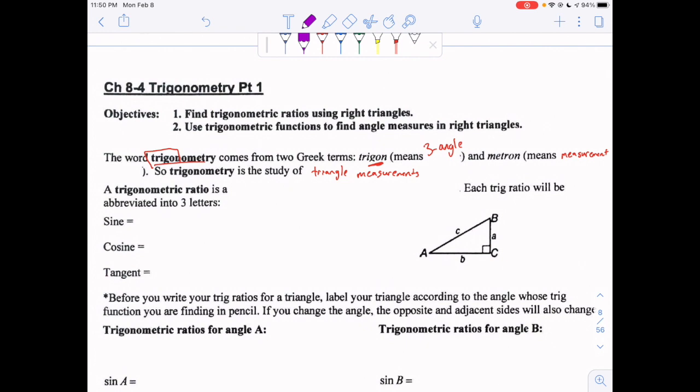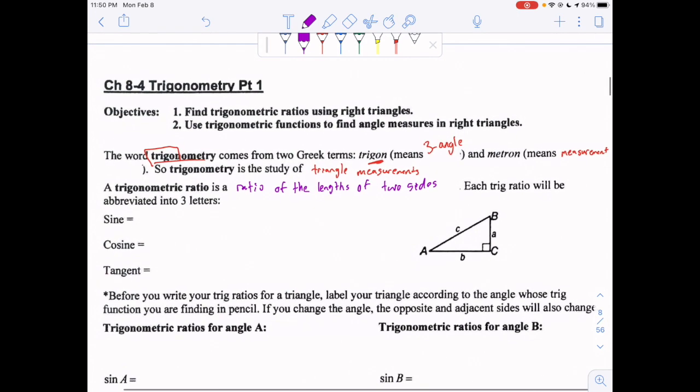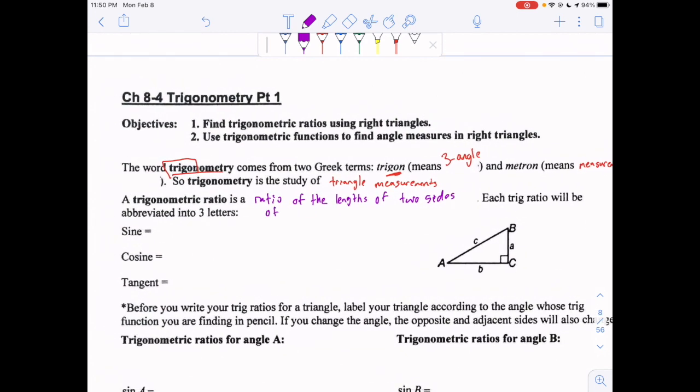So a trigonometric ratio is a ratio of the lengths of 2 sides of a right triangle.